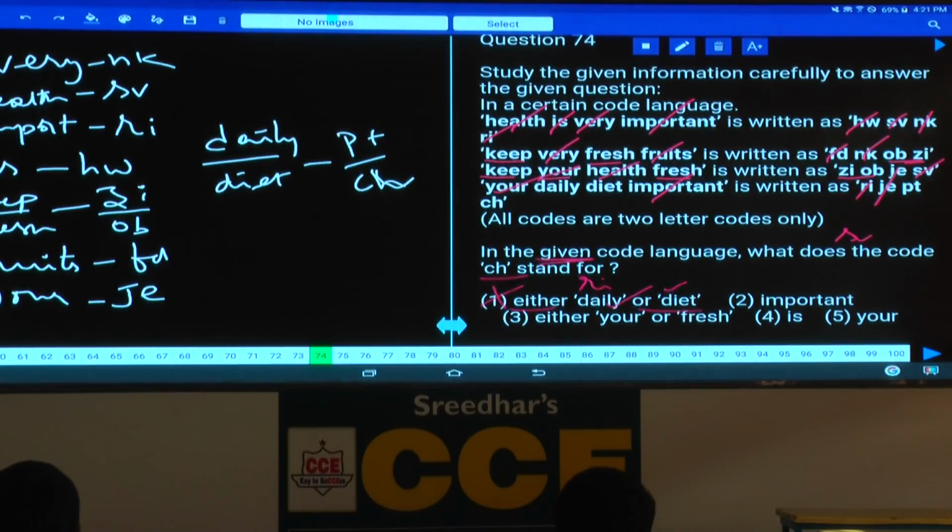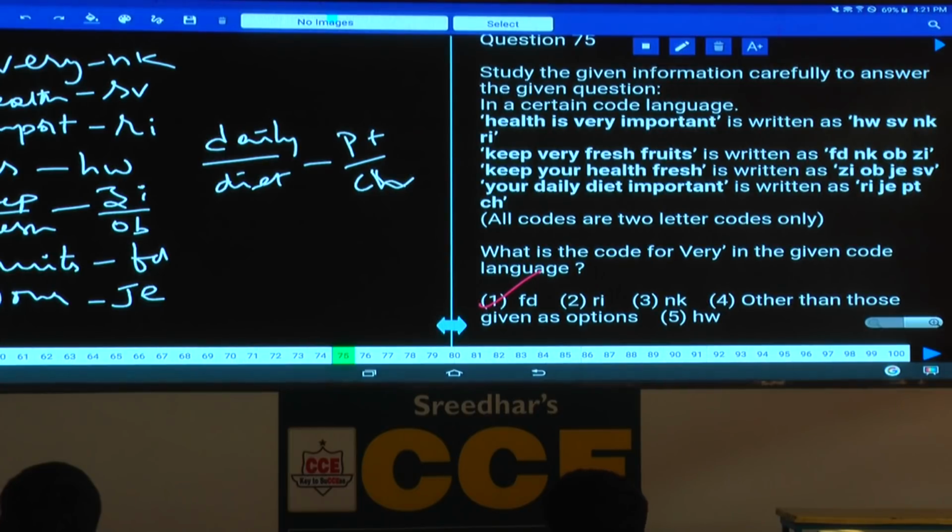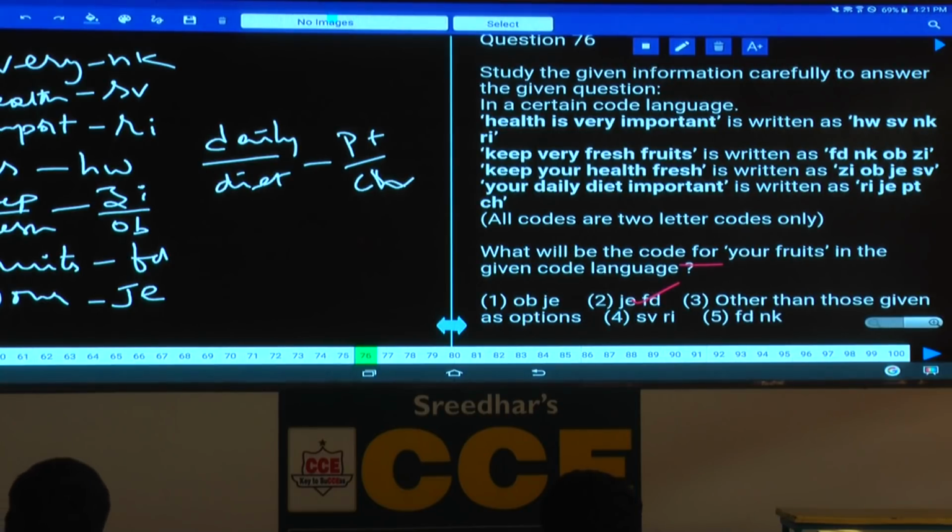Then question number 74. What does the code CH stand for? CH stands for either "daily" or "diet". It is choice 1. Question number 75: what is the code for "very" in the given code language? The code to the word "very" is NK. It is choice 3.